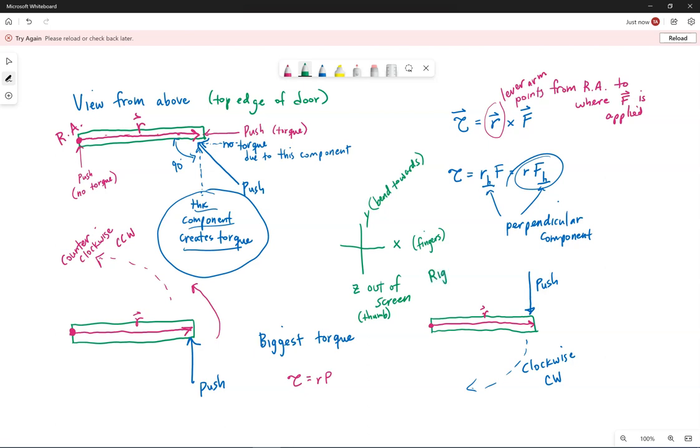Now, you have to use your right hand. Coming back to these torques, if I let the fingers of my right hand follow the direction of travel, so pretend my fingertips are representing this arrow right here, my thumb points out at me. This would be the Z direction if we were using this coordinate system I just mentioned.